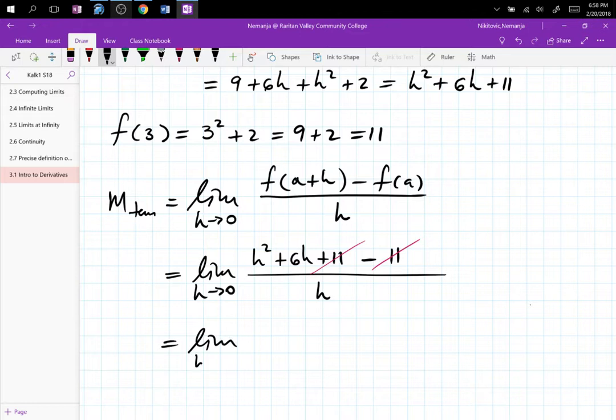So limit h goes to 0, you kick h out, you are left with h plus 6 divided by h, and now h dies. And now when h goes to 0, the answer is 6.